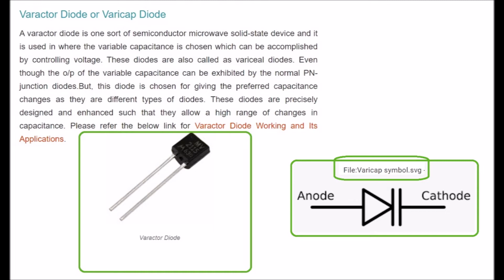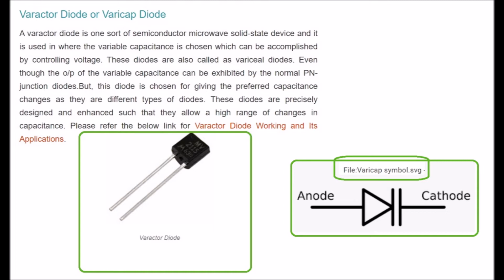They are commonly used in voltage-controlled oscillators, parametric amplifiers, and frequency multipliers. Voltage-controlled oscillators have many applications, such as frequency modulation for FM transmitters and phase-locked loops. Phase-locked loops are used for frequency synthesizers that tune many radios, television sets, and cellular phones.